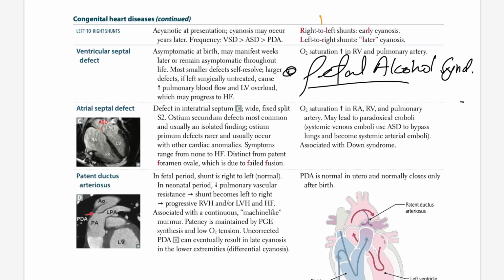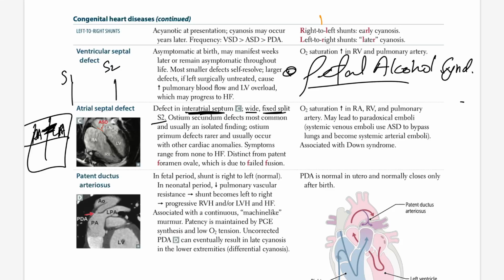Okay, now we have the next one called ASD. If you have ASD, it's a simple thing. You have ASD right here, from right atrium to left atrium. It is a defect in the interatrial septum, right? Wide fixed splitting, high yield, wide fixed splitting of S2. And we did talk about how you would have S1 and S2, right?